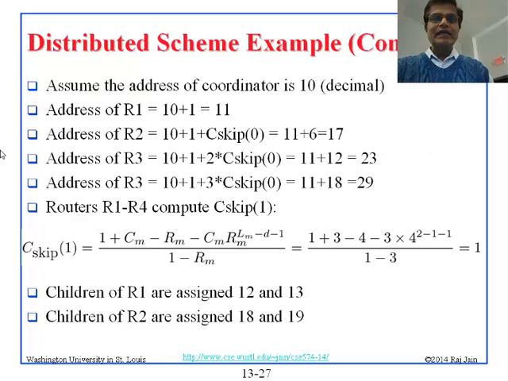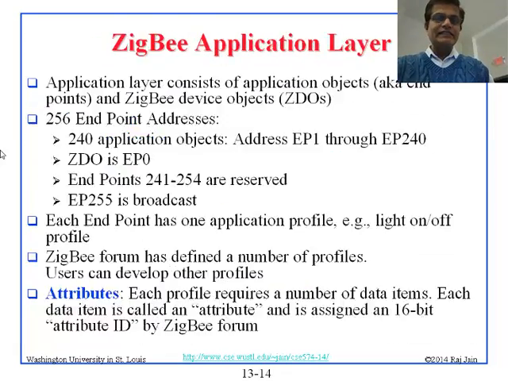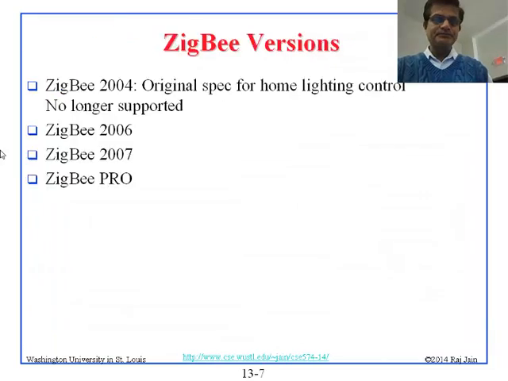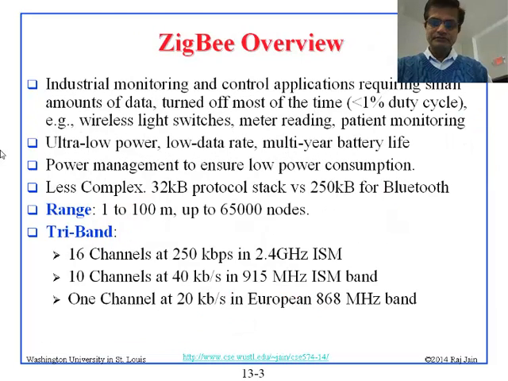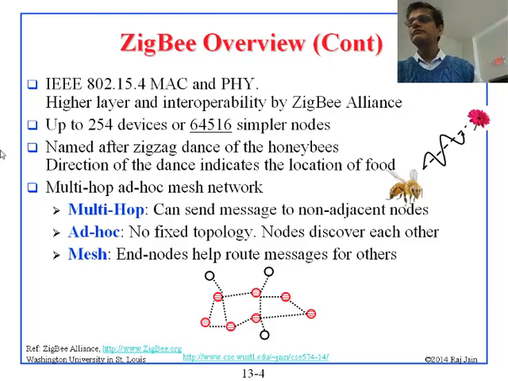Right. Okay. So we define these three terms right here. These terms are often confused: multi-hop, ad hoc, and mesh. And these are not identical. You can have a mesh network, such as our highway network, which is a mesh, but it is not ad hoc.